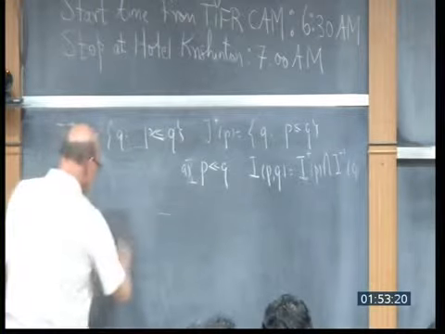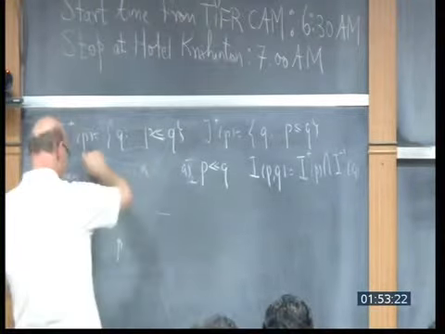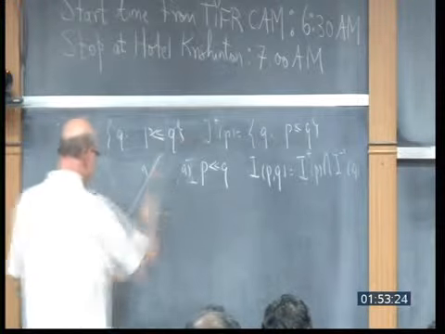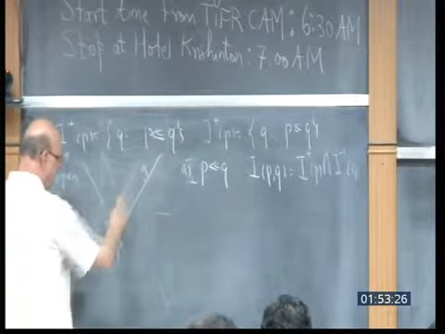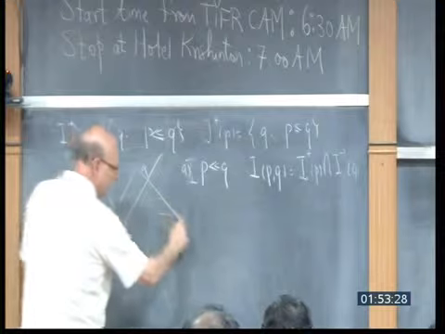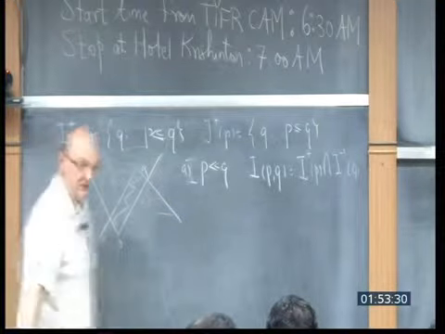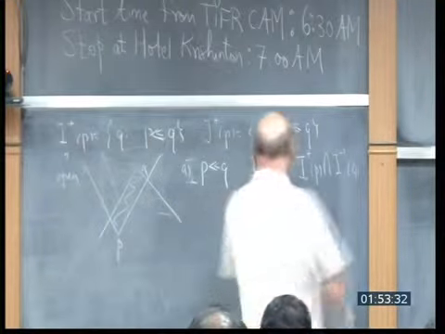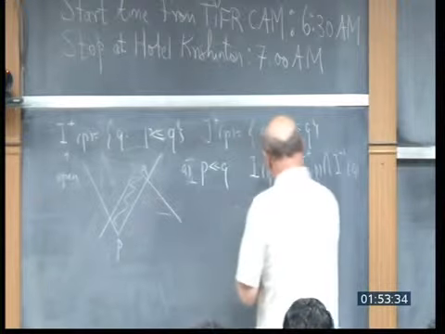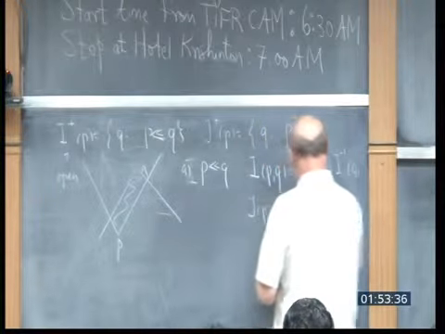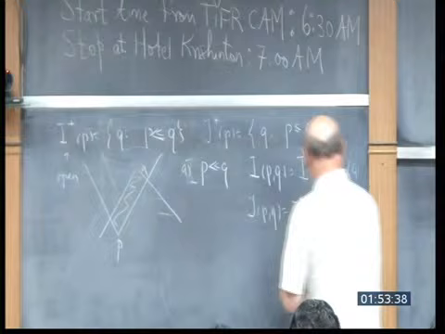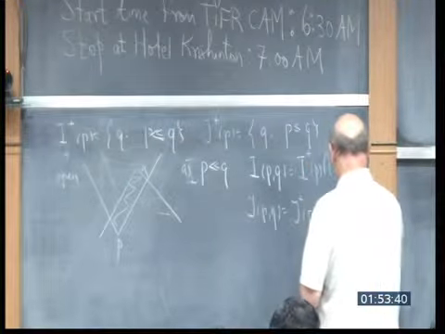This is my P, that's my Q, there's the forward-looking cone for P, this is the backward-looking cone for Q, and this is the intersection. And the same, of course, is J. J PQ is J plus of P intersected with J minus of Q.